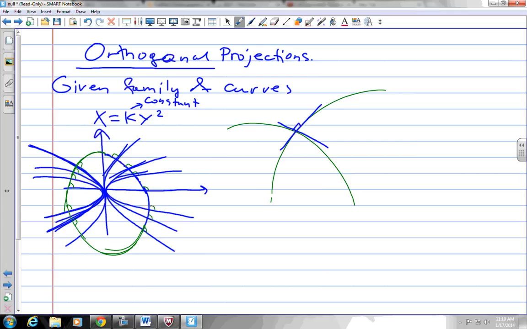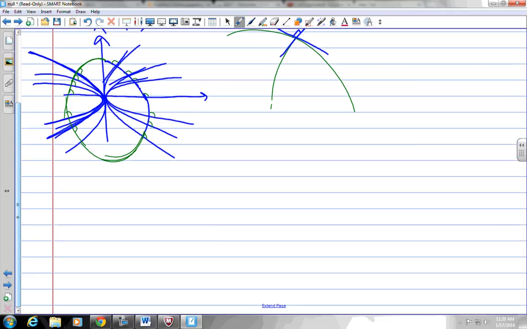But we'll use that knowledge of negative reciprocals. Long story short, we're going to have to take some derivatives. We're going to have to set up basically a differential equation where the derivative equals the negative reciprocal of something else.